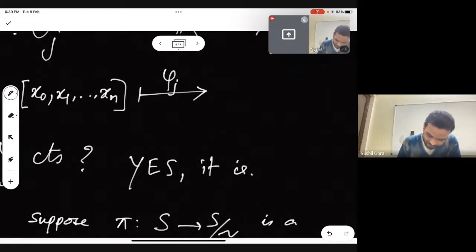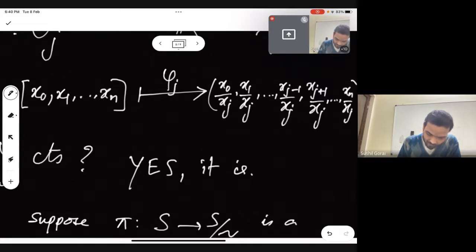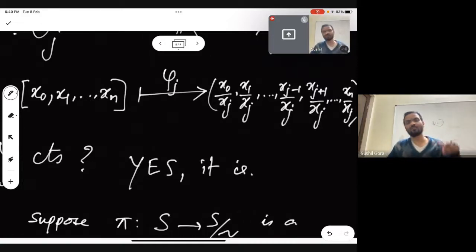So (x0/xj, x1/xj, ..., x_{j-1}/xj, x_{j+1}/xj, ..., xn/xj). All right, so this xj by xj, which gives you 1, is omitted.